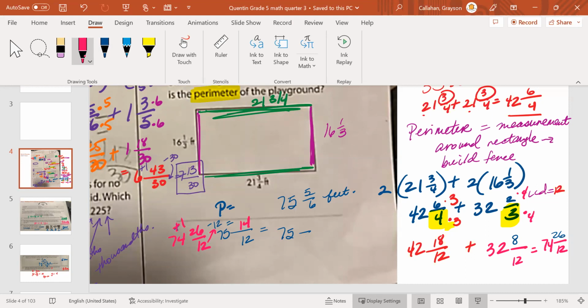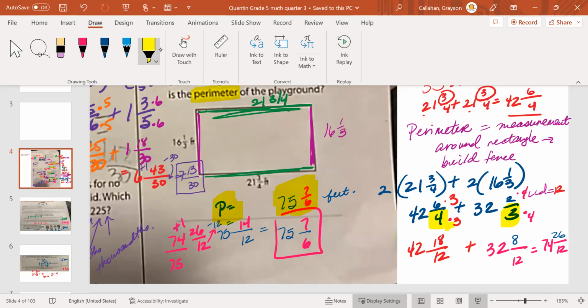But then you add the 1 to the 74, which makes it 75. So then I have to reduce it, so 7 over 6. So your answer is 75 and 7 over 6 feet. P equals that, okay? So make sure you put perimeter equals 7 over 6 feet.